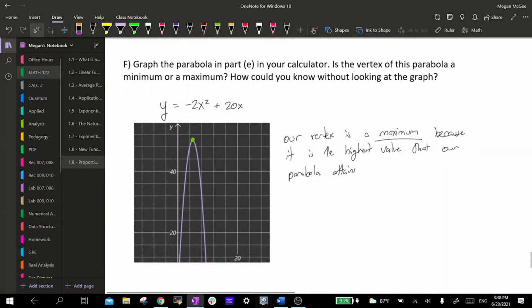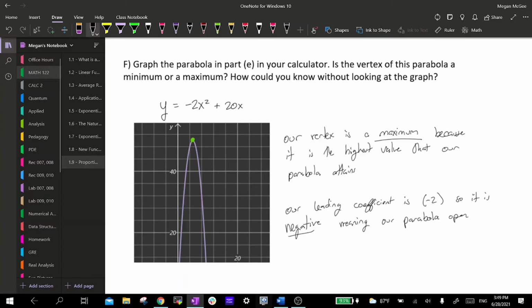Well, our leading coefficient is negative 2, so it is negative, meaning our parabola opens downwards.